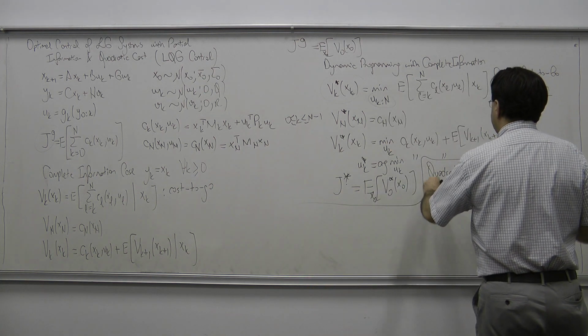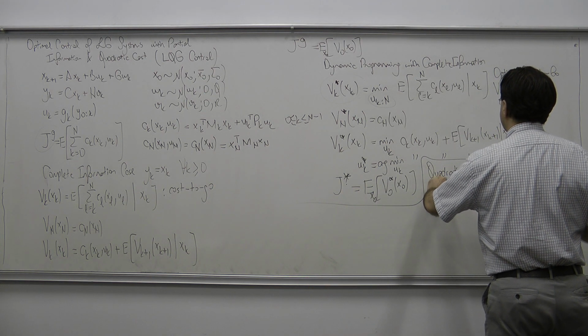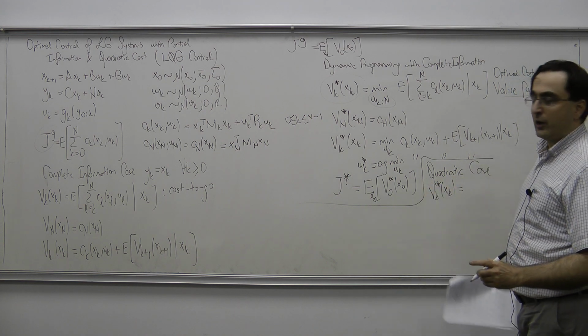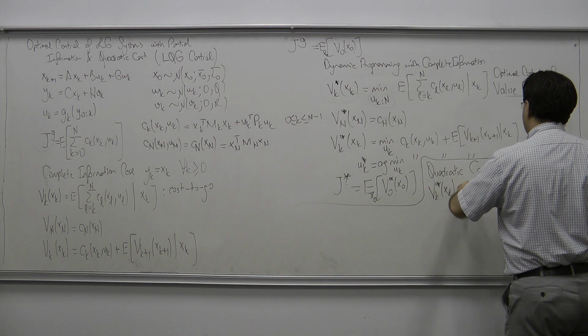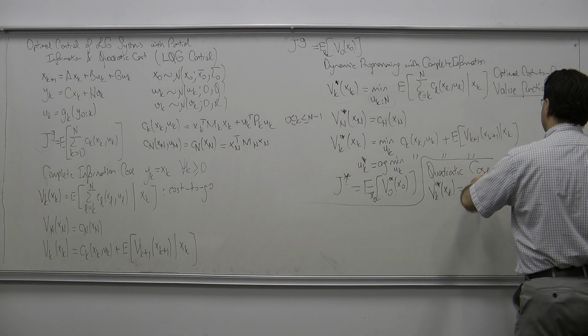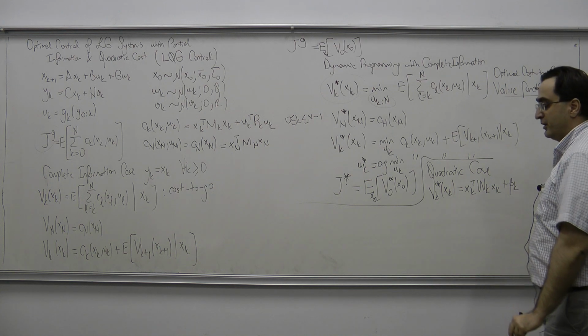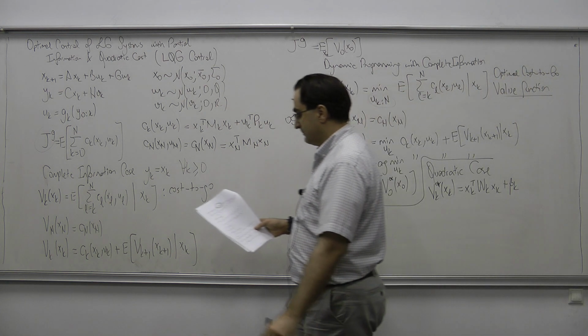In this case, we have seen that Vk star of xk turned out to be in the following form: xk transpose Wk xk plus some constant beta k.